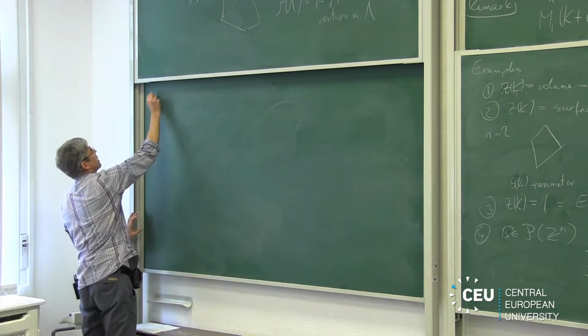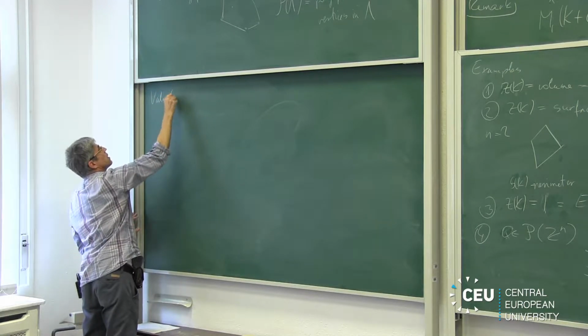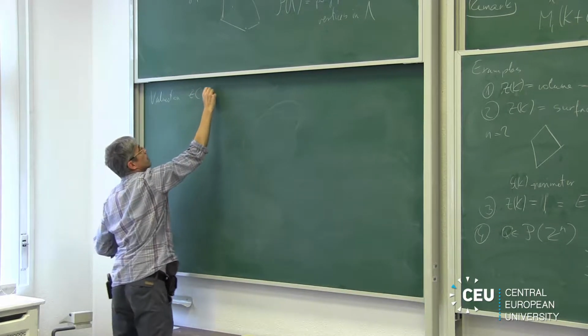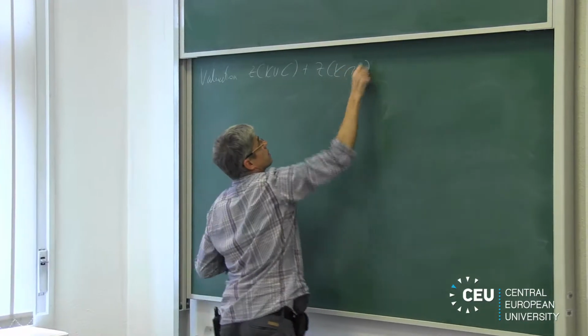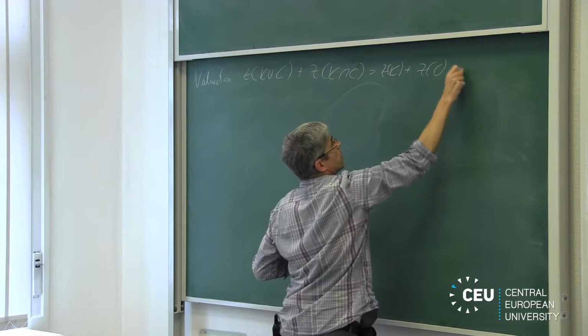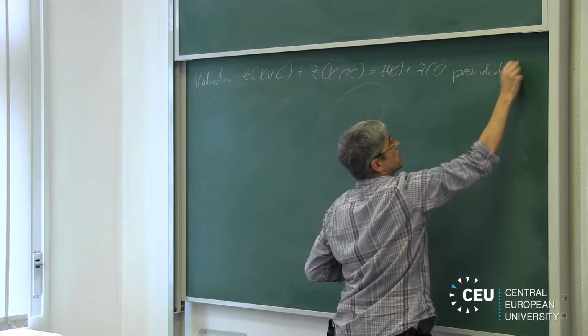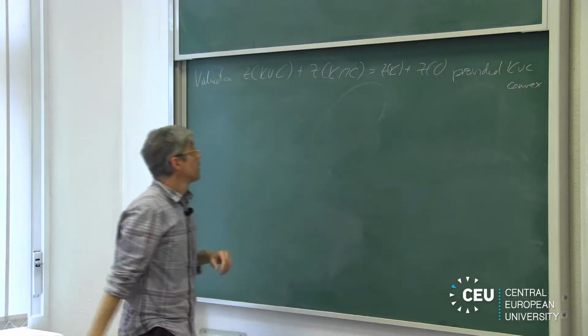Let me put back the definition of the valuation: Z of K union C plus Z of K intersect C is Z of K plus Z of C, provided that K union C is convex.